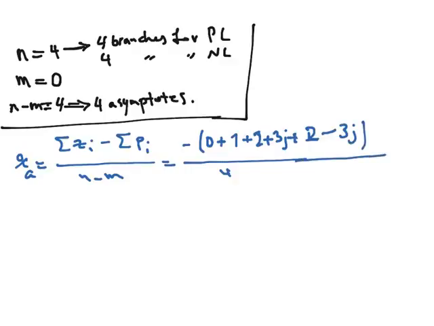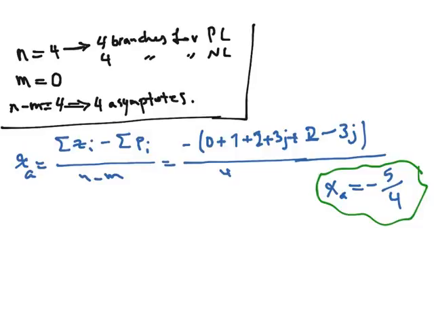After simplifying, we will get xa equal to minus 5/4, which is valid both for negative locus and for positive locus.